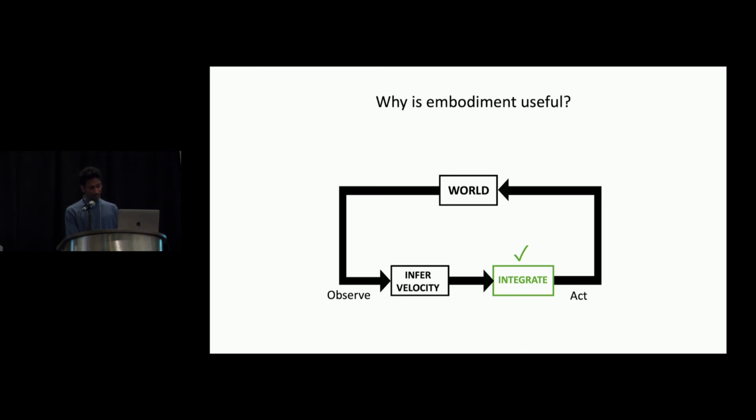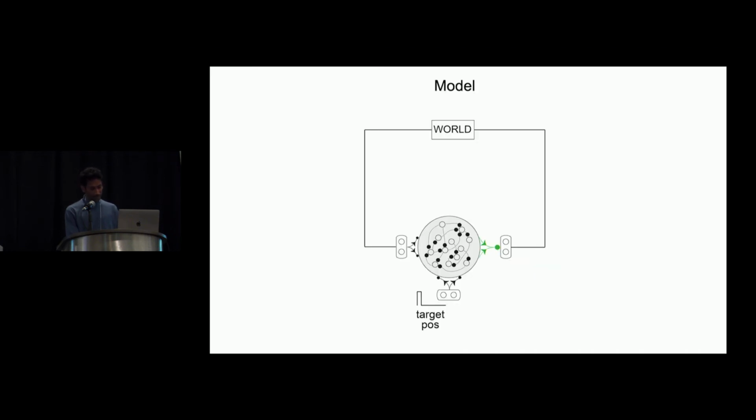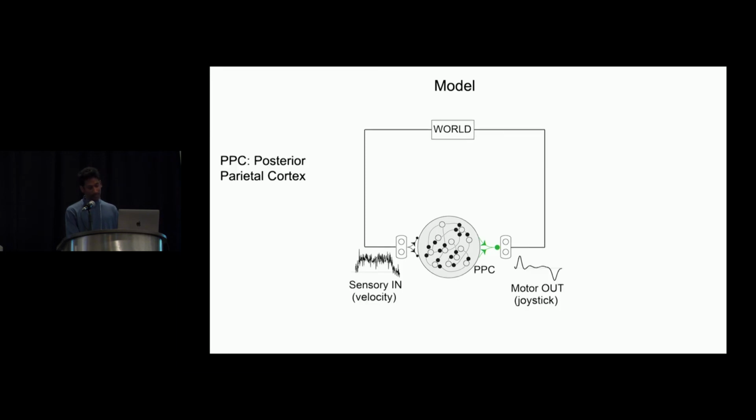So, all right, we're ready to model this phenomenon. We start with a generic recurrent neural network that receives a transient input that tells it where to navigate to. This input is transient, so it goes away and the network is on its own. It has to figure out an appropriate output, which in this case is taken to be the acceleration.